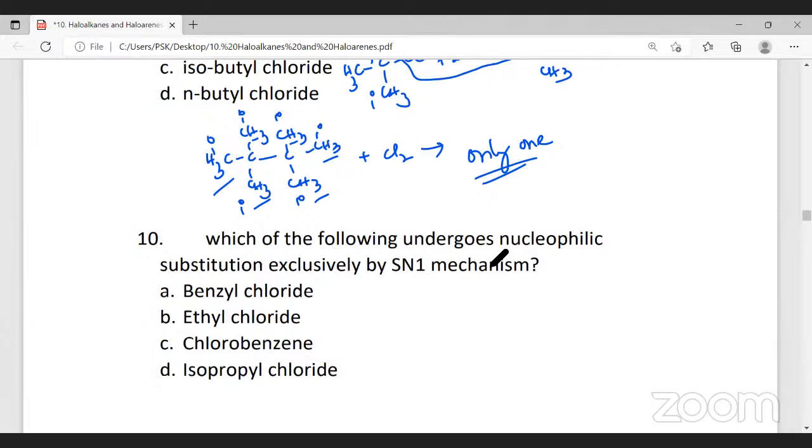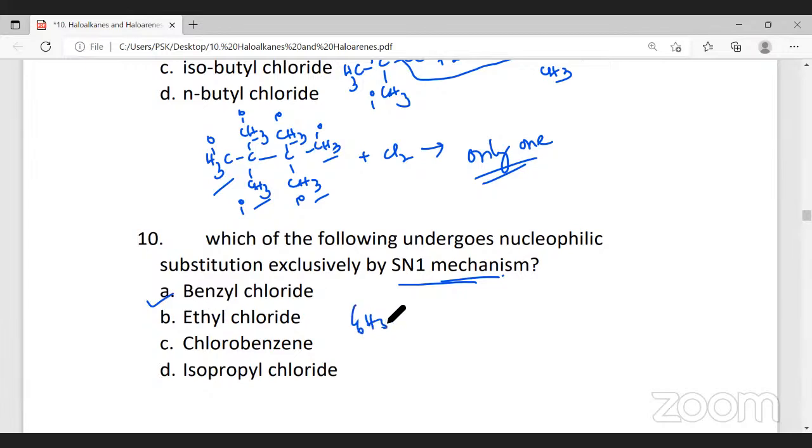This I'll finish up. Which of the following undergoes nucleophilic substitution reaction exclusively by SN1 mechanism? Exclusively by SN1 mechanism. The answer for this question is benzyl chloride.